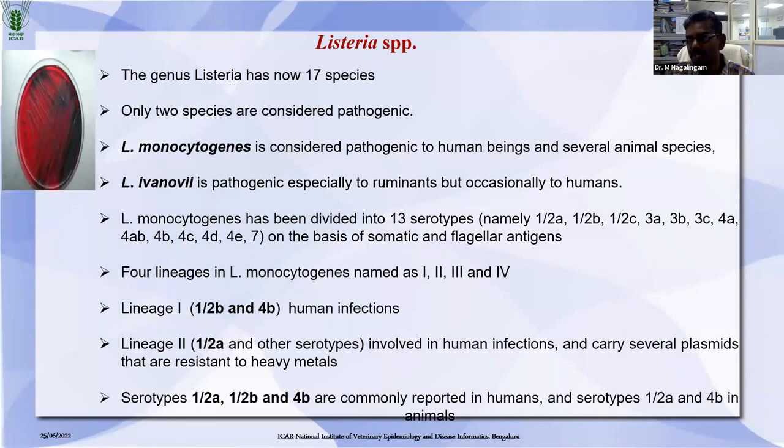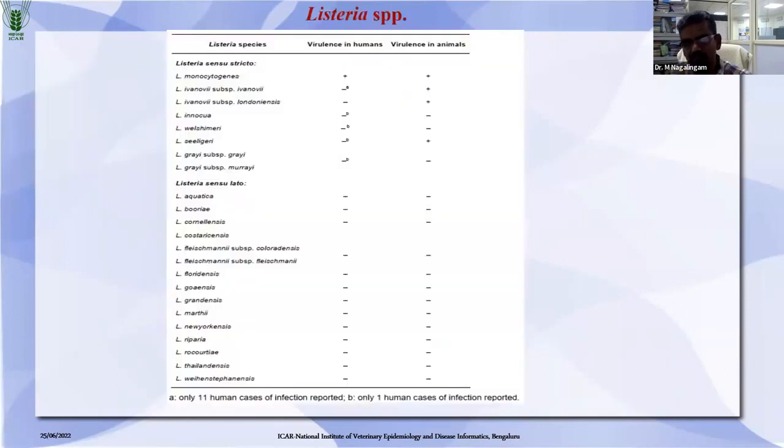It has 4 lineages: 1, 2, 3, and 4. Lineages 1 and 2 are important. Lineage 1 contains the most infective serotypes, 1/2b and 4b, and lineage 2 contains 1/2a. Serotypes 1/2a, 1/2b, and 4b are commonly reported in humans, whereas 1/2a and 4b are reported in animals.